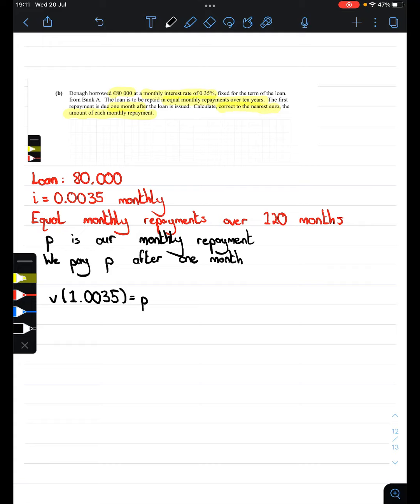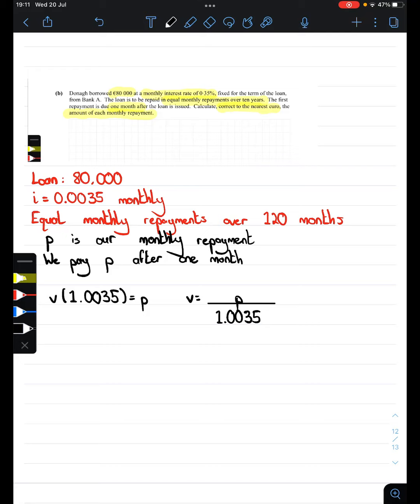So how much value are we giving them? We know we owe them 80,000. So this V is equal to P over 1.0035.